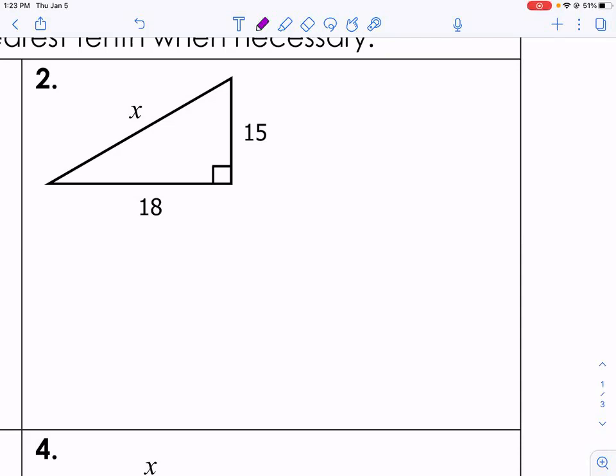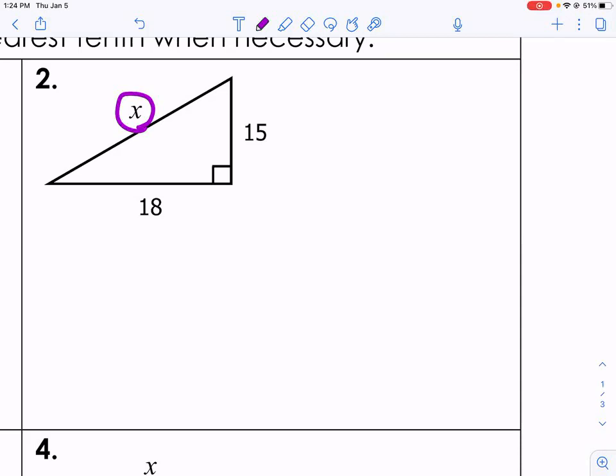Okay, Andrew, which one's the hypotenuse? X is the hypotenuse. So Sophia, if X is our hypotenuse, how would we set up the Pythagorean theorem in this case? Like we did before.